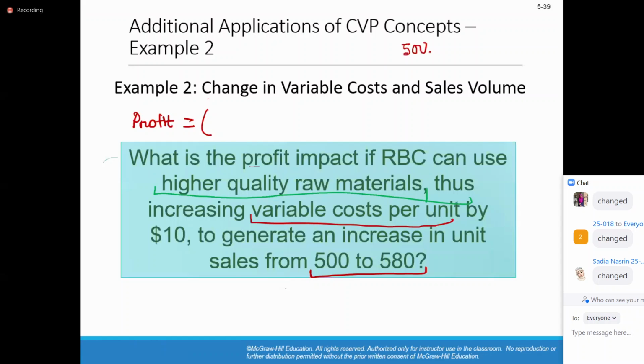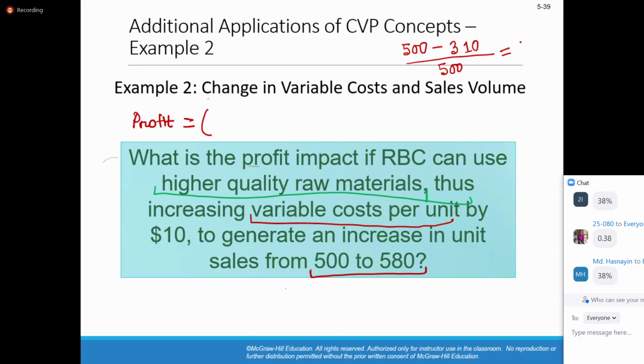What is our contribution margin now? 500 per unit price minus 310 variable expense. This is our contribution margin per unit. If we divide this by the per unit selling price 500, it has changed, but how much is it? The new contribution margin ratio, 38%.